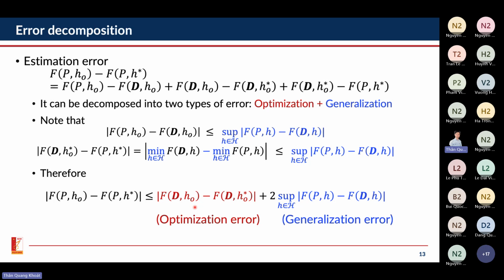And these quantities represent the quality of the training process, the optimization process, right? In practice, we may use some optimization algorithm to train the model, right? So this quantity should represent that. Okay, so that's why we call this the optimization error. And the last term, sometimes we call that generalization error. Because here, it measures the difference between expected error and empirical error, right?